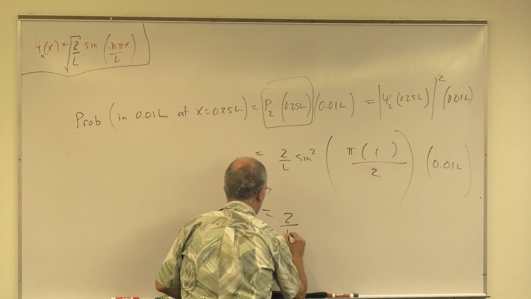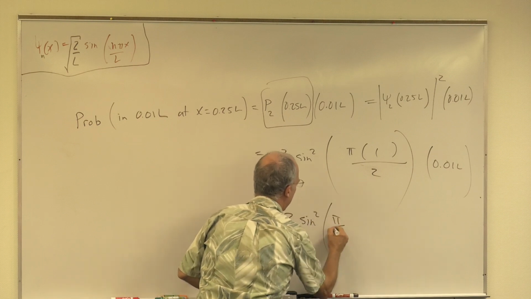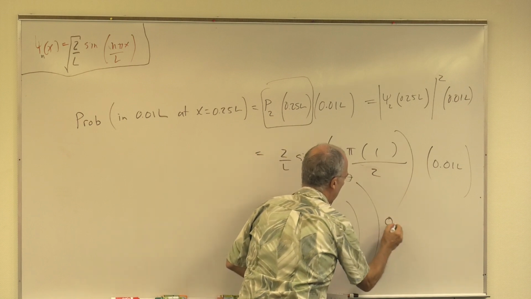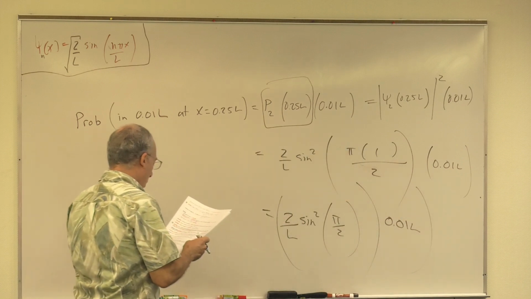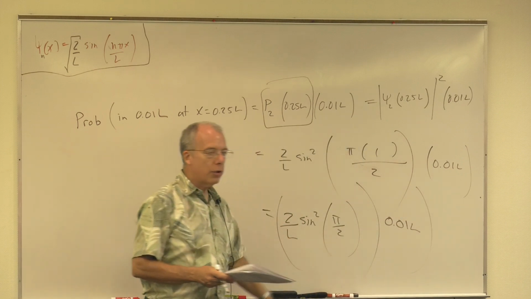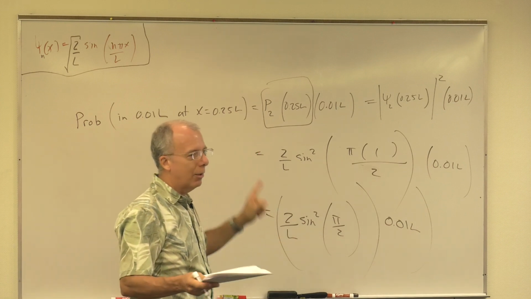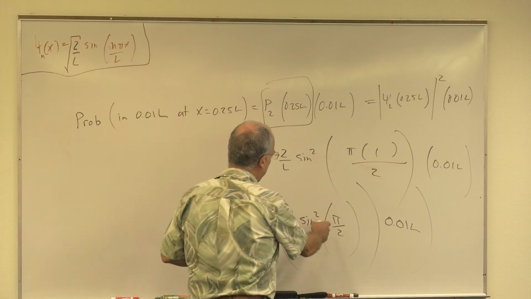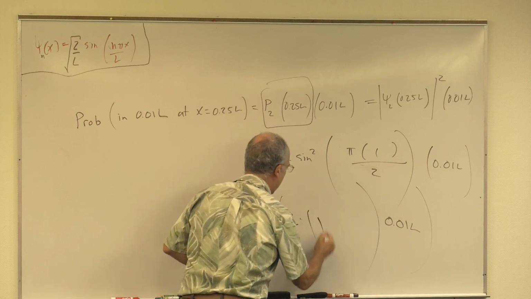So 2 over L sine squared pi over 2 times 0.01 L. What is the sine of pi over 2? What's the sine of 90? It's 1, our favorite number. Well, second favorite number. Favorite number is 0. Okay, so sine squared of pi over 2 is just 1. So that's nice.